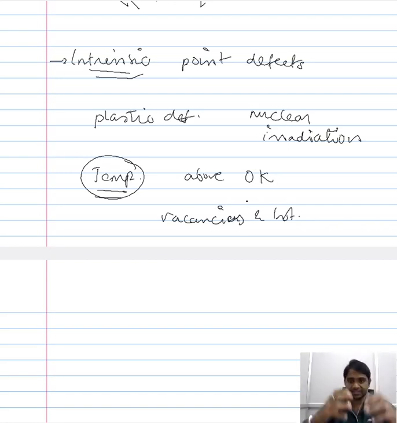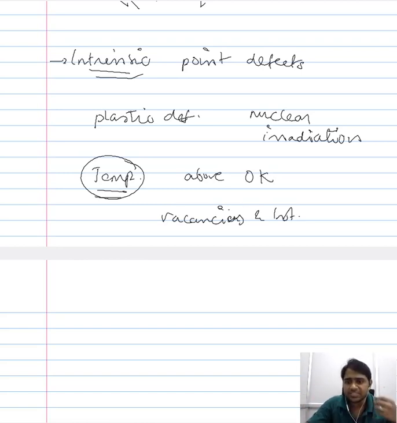When you increase the temperature, you are imposing thermal energy into the system, and this thermal energy helps in introducing the point defects. Therefore any temperature above 0 Kelvin gives a definite stable concentration of point defects.